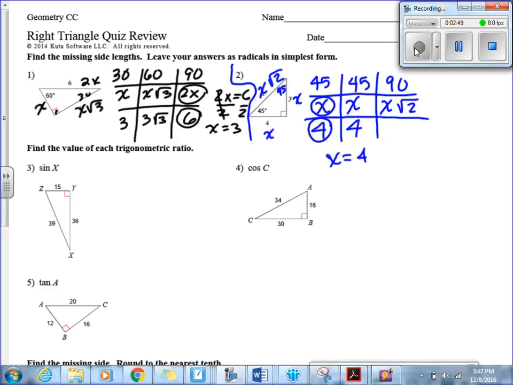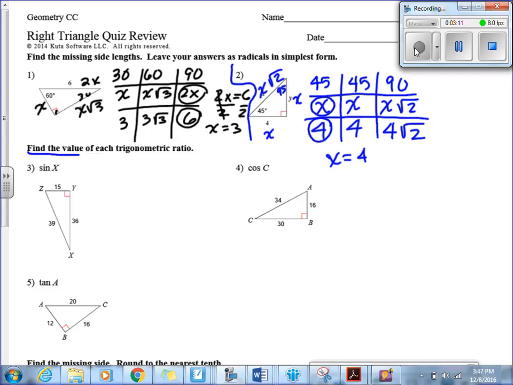So x radical 2 becomes 4 radical 2, and we're done. Now you're probably saying these two problems were easier than some of the problems we've done, and you're right. And so I'll make a separate video, perhaps tomorrow, that involves solving some of the more difficult ones, okay?